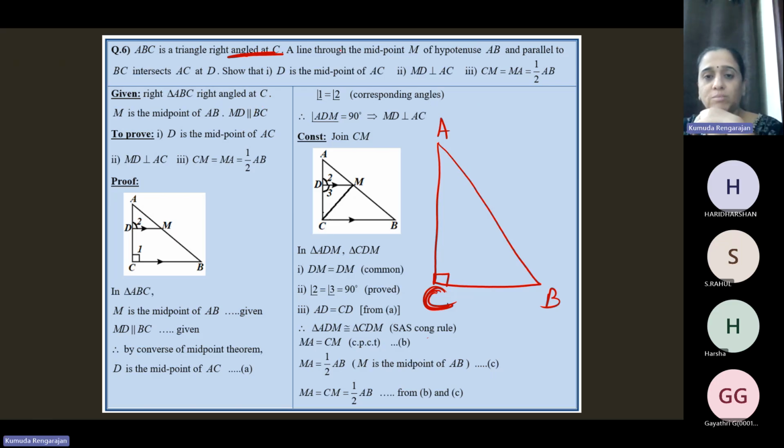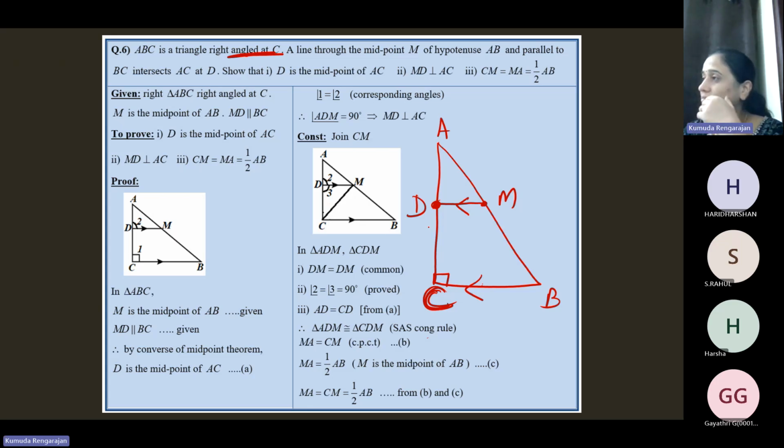A line through the midpoint M of the hypotenuse AB, and parallel to BC, meets AC at D. Show that D is the midpoint of AC.